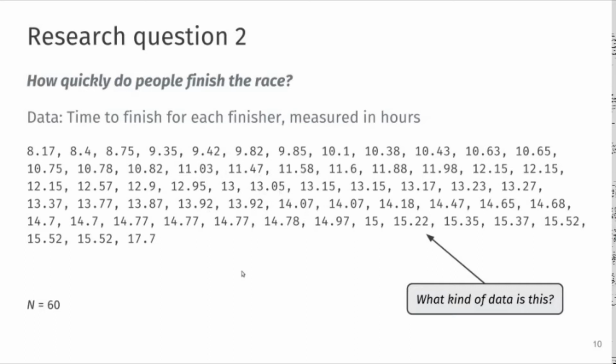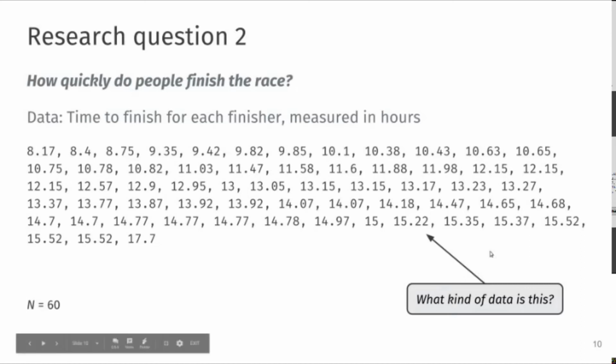But to keep up my trend of asking questions that I can't actually directly get answers from you, I will ask, what kind of data is this? So this is a time. It can't be any less than 0. That's a major hint.